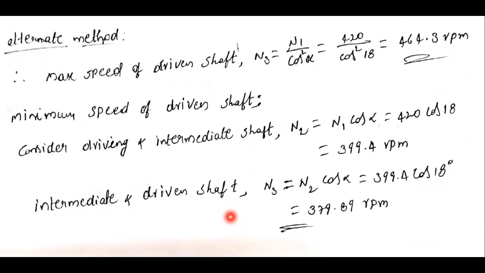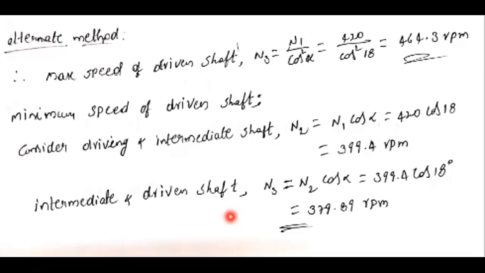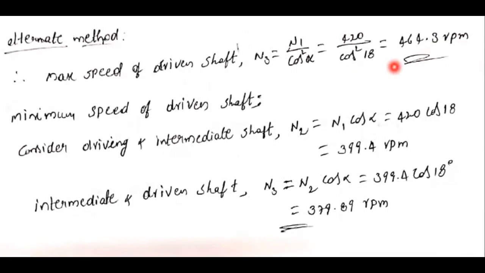N1 is already 420 and alpha is given. Substituting both values, we again get N3 as 464.3 rpm.